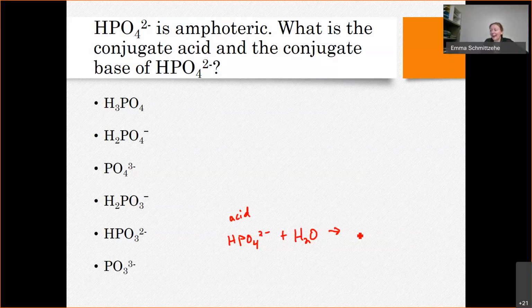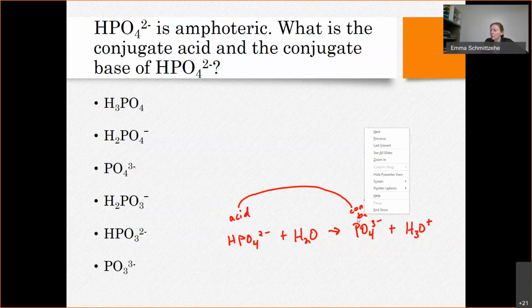And if it does that, then what's going to be left of it is PO4 3 minus, right? Because if it donates its proton to water, and then the water is going to become H3O plus, okay? So in this case, if this is the acid, then this is the conjugate base, because that's what remains when that substance donates its proton, okay?